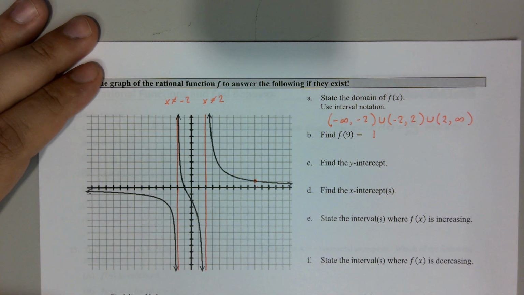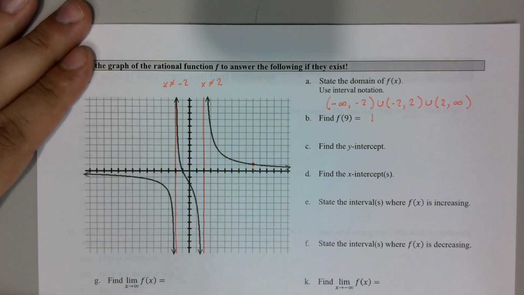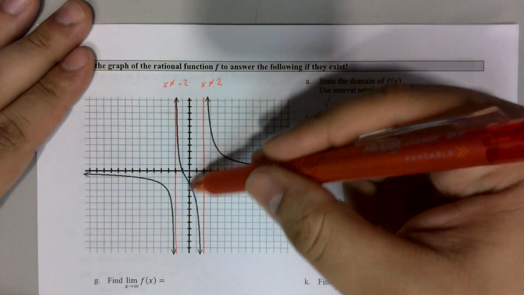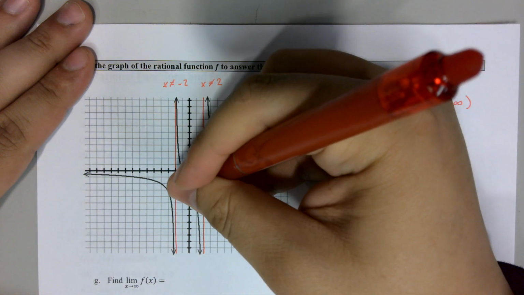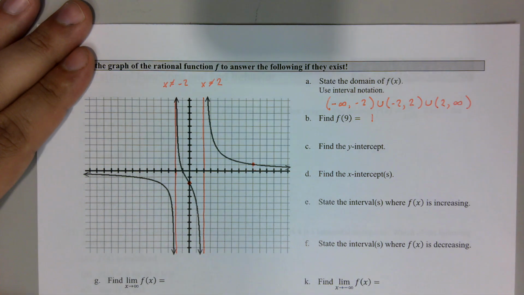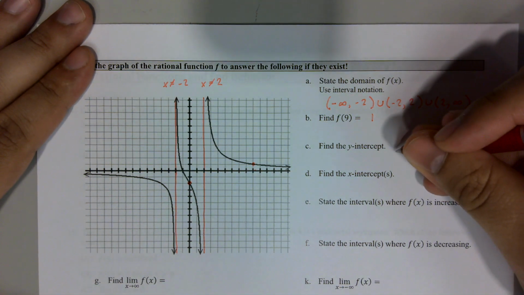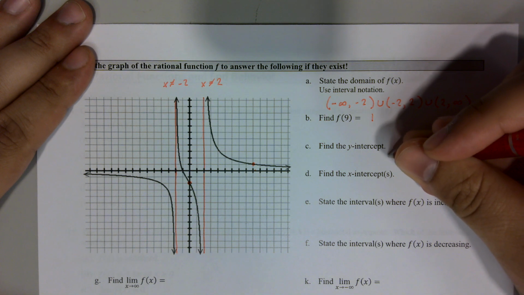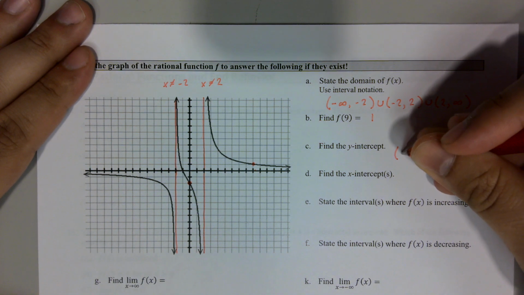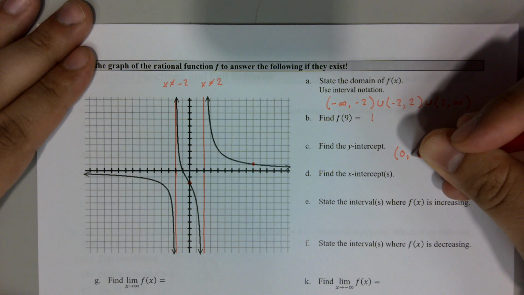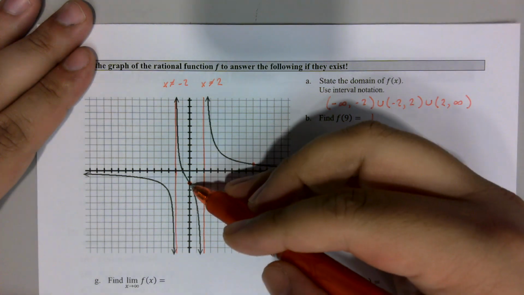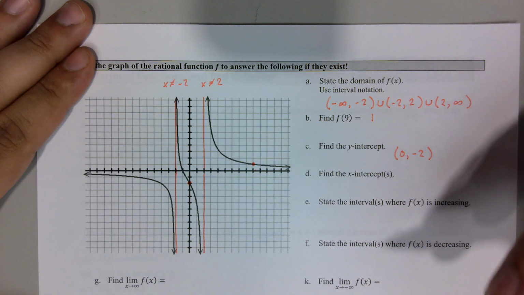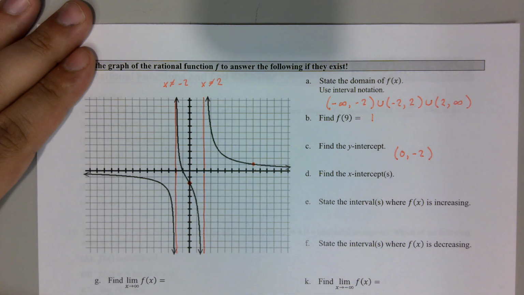We want to find the y-intercept. The y-intercept is where this function touches the y-axis. So that would be this point right there. And so I am going to write this as (0, -2), because that is that point right there: 0 for the x and -2 for the y.